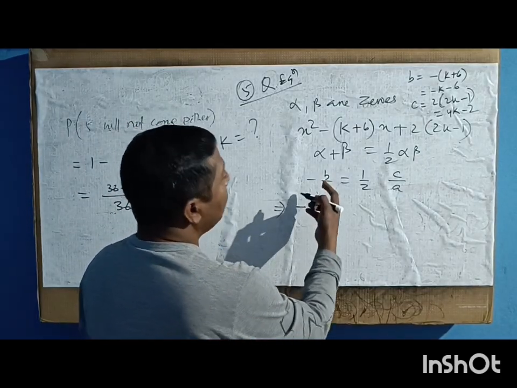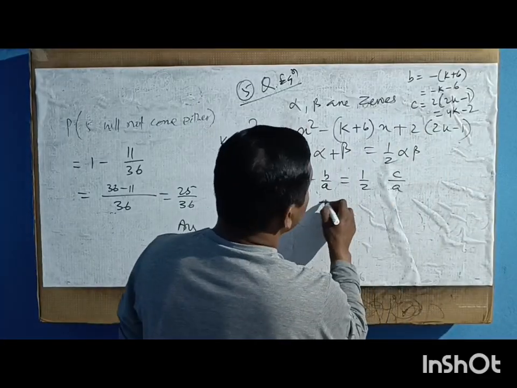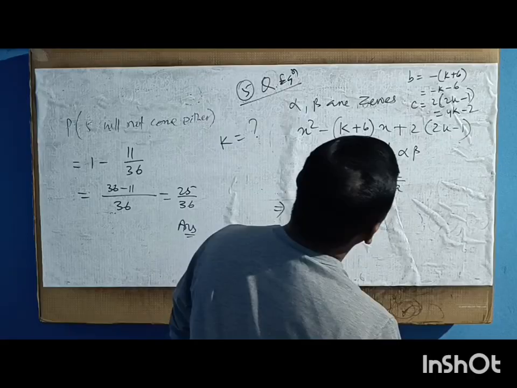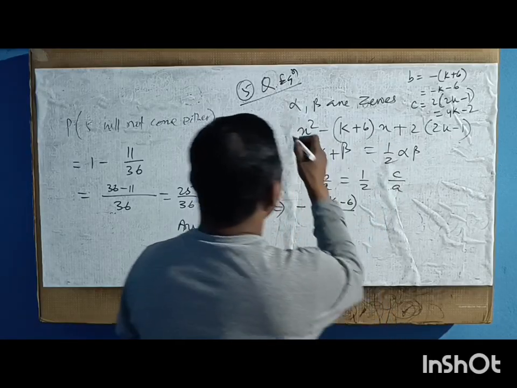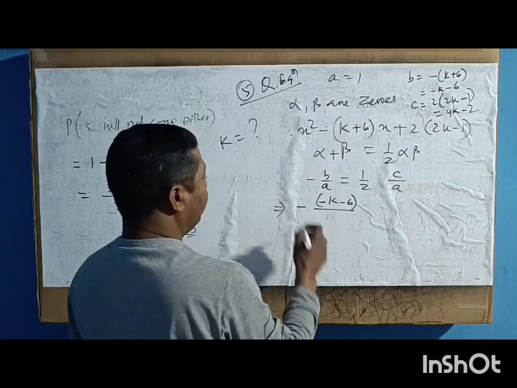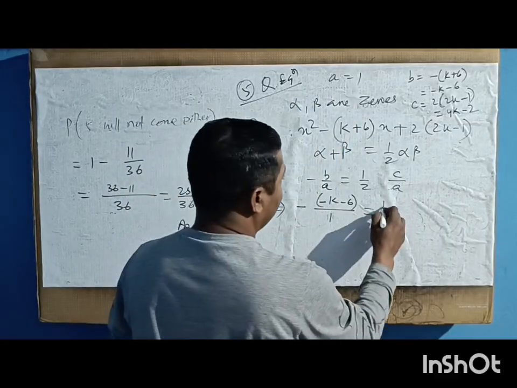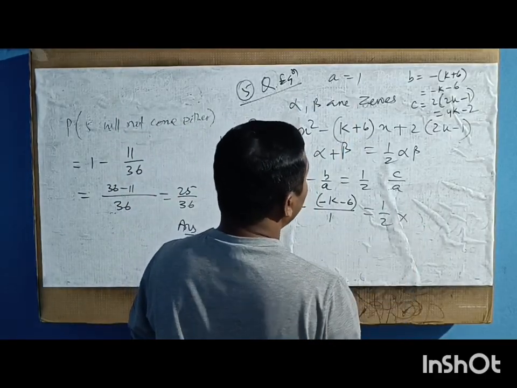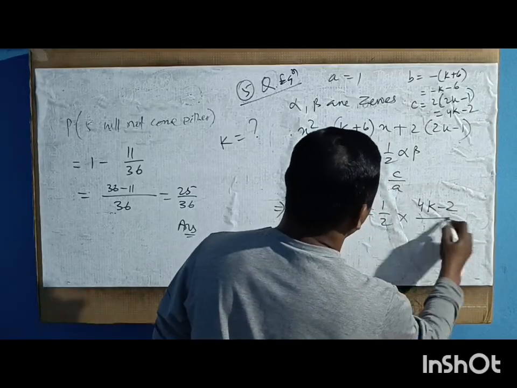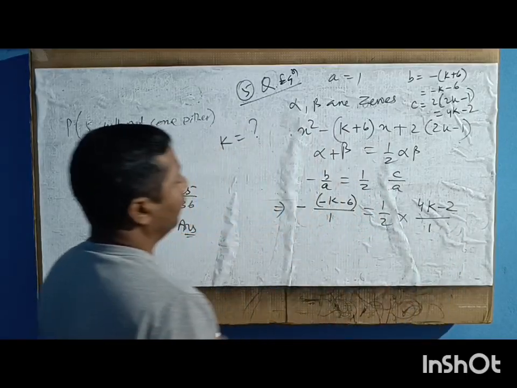So let's put the values here. Minus b, b is minus k minus 6, by a. What is a? A is 1. Equal to half into c by a, where c is 4k minus 2 and a is 1.